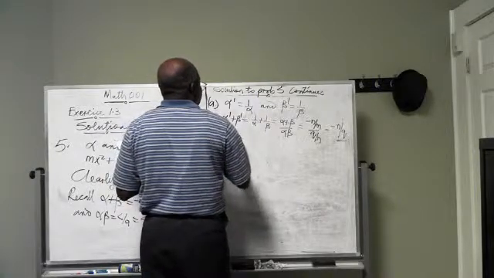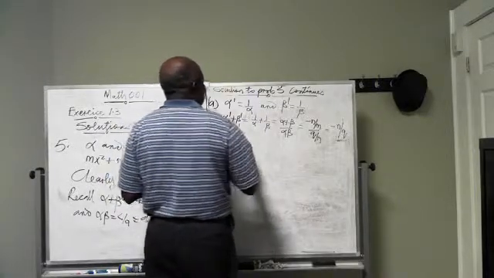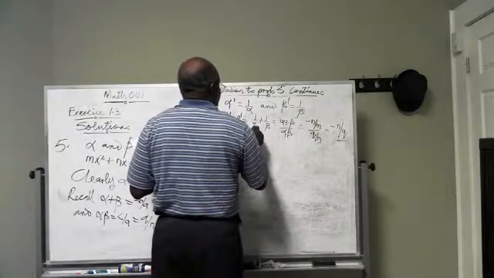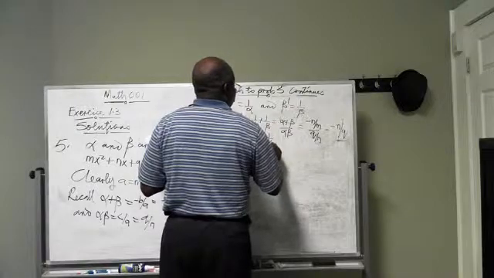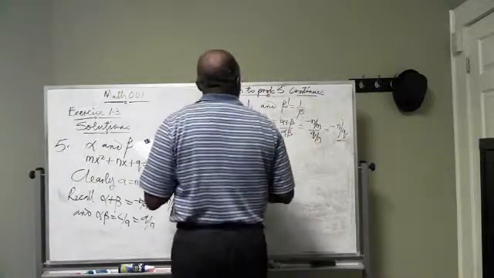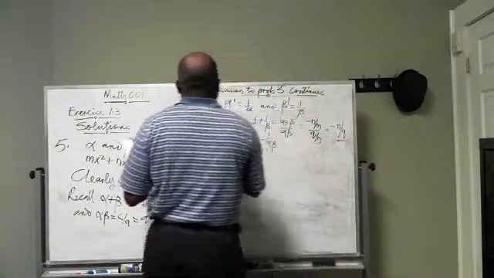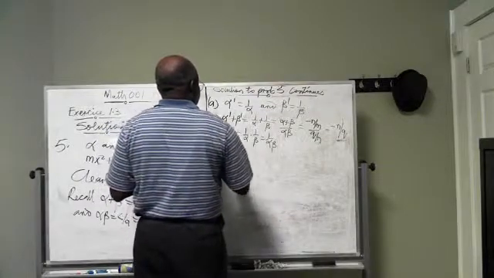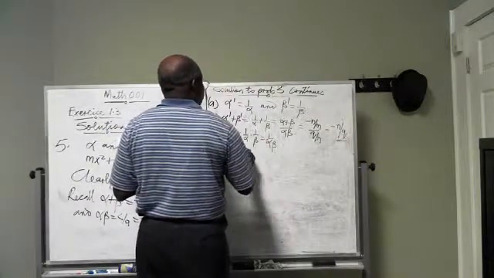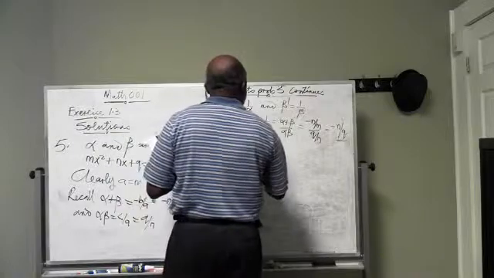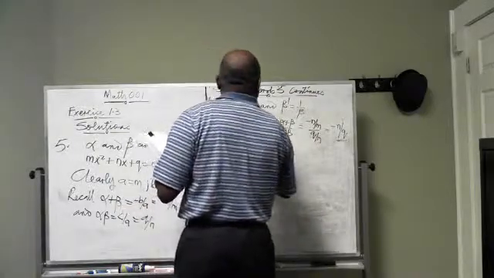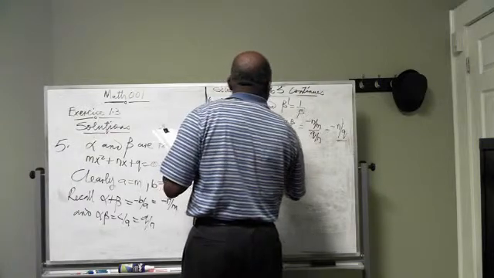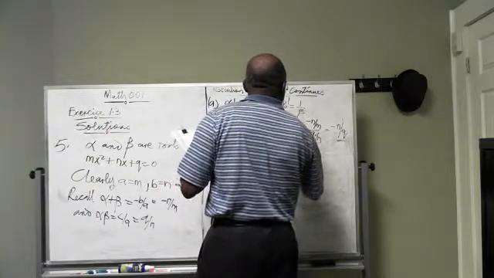Alpha prime beta prime will be equal to 1 over alpha times 1 over beta, which is equal to 1 over alpha beta. This implies alpha prime beta prime equals 1 over q over n, which is equal to n over q.